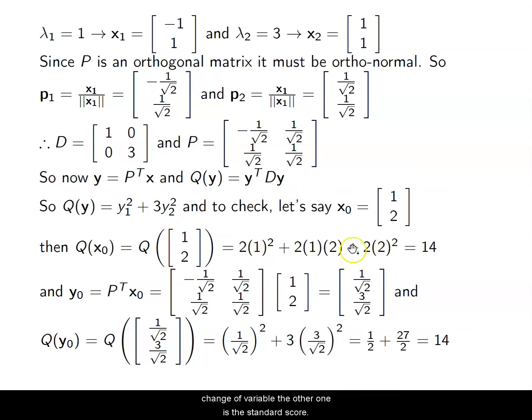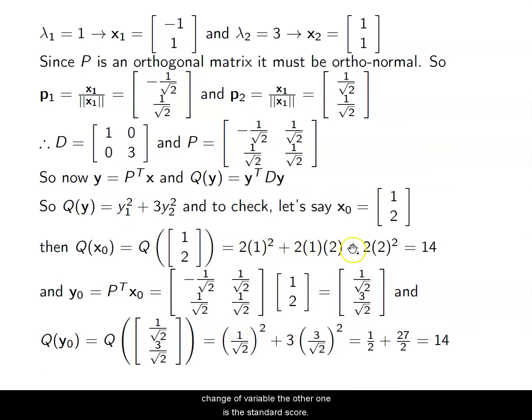For c a scalar, and A being an invertible symmetric 2 by 2 matrix, the graph of x transpose AX is going to be in R2, so on an XY plane, and it's going to be an ellipse, a circle, a hyperbola, two intersecting lines, a single point, or an empty set.